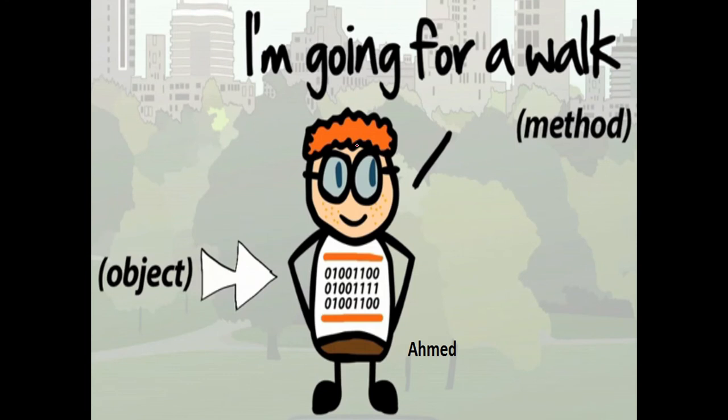This object has a hair color, height, weight, and a name. But this object can also walk. So walking is a method. This one is an attribute. Ahmad is a name, an attribute, but walking is a method that this object can do.